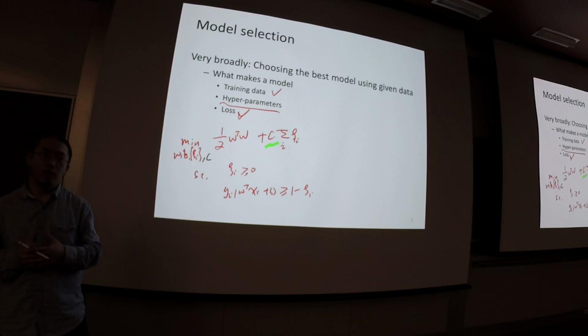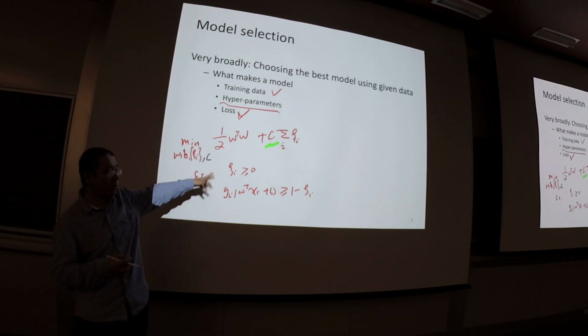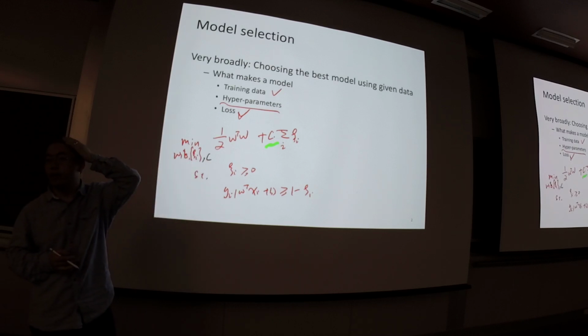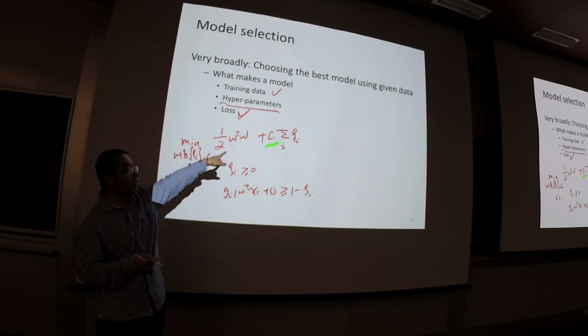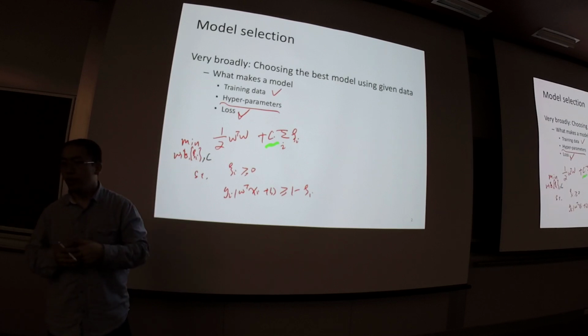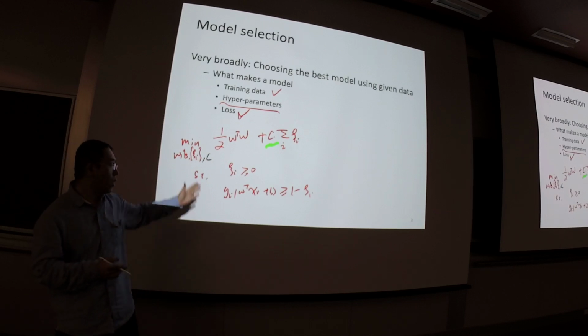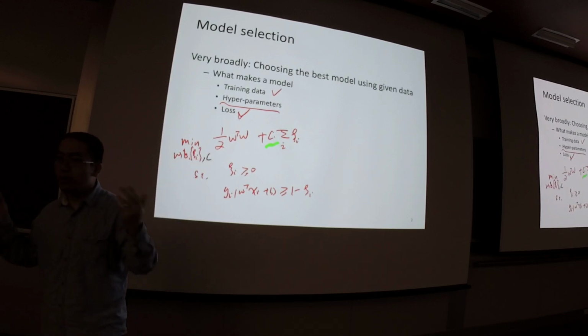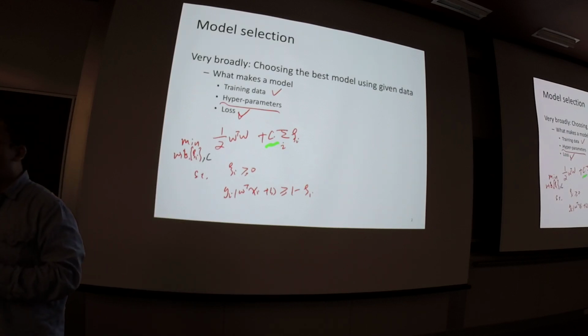You can imagine I remove this ξi and get the loss function, the hinge loss, and also w and also C. Then I compute the subgradient with respect to all those parameters, set them to be 0, and see whether we can find the optimal solution in the meantime.